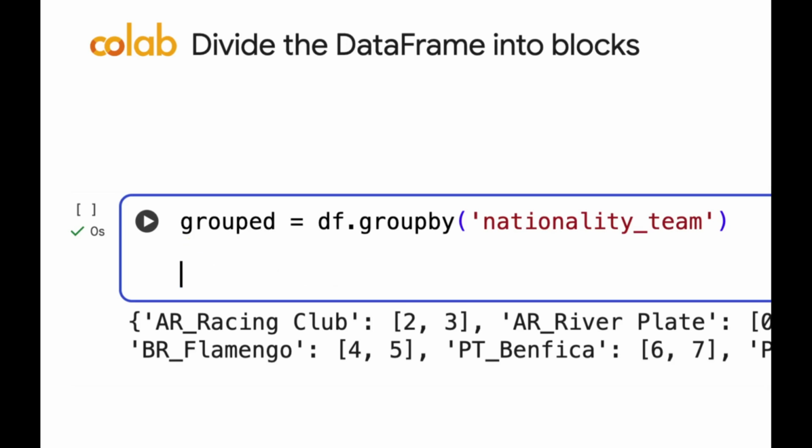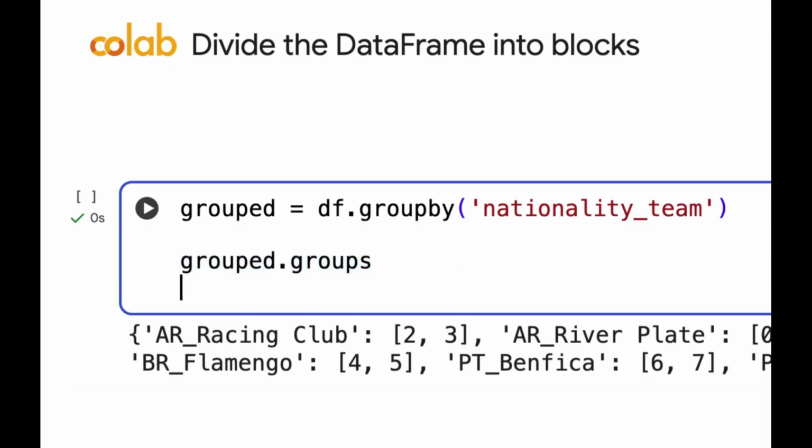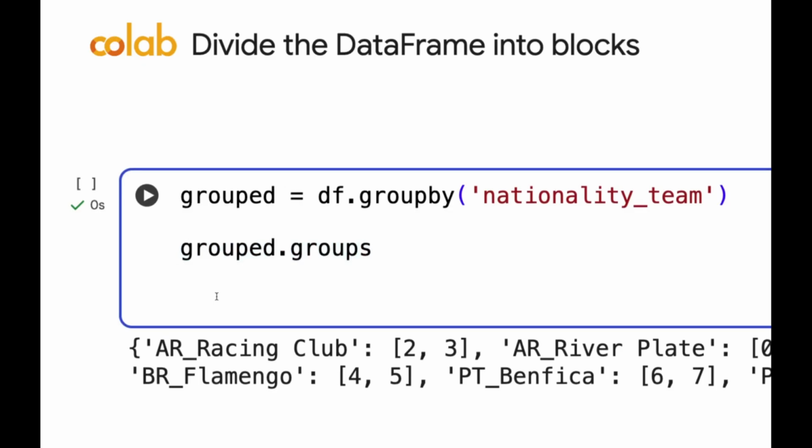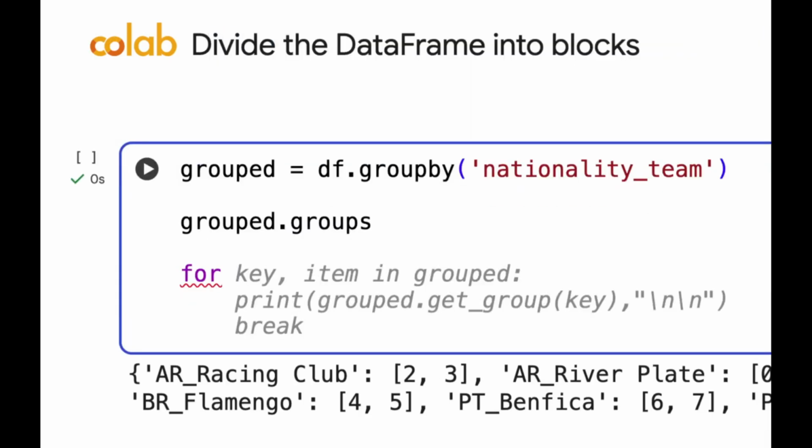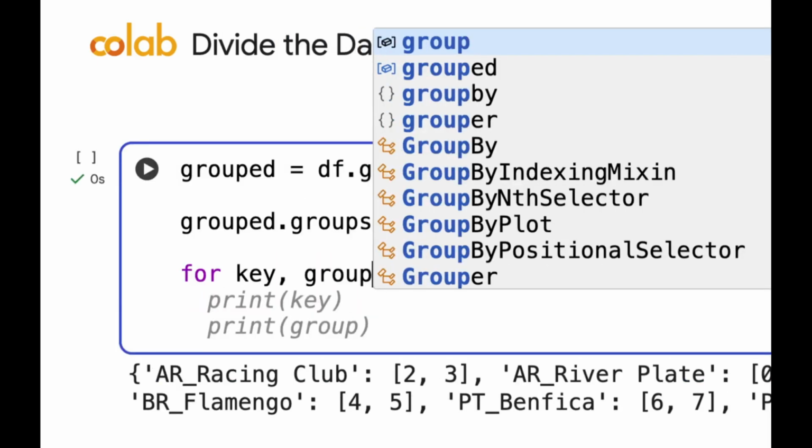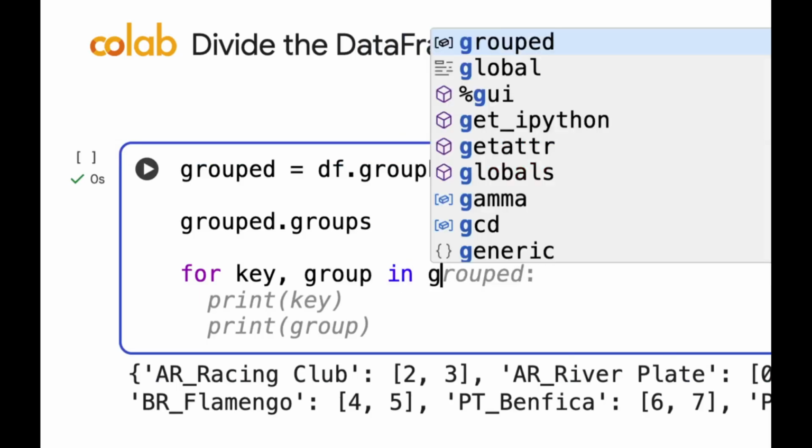So let me delete this. Or maybe I don't delete this, but I just start a new line so that whatever is done in this line is not going to be shown. So let's do a for loop, right? So for key, let me first type the command and I'll explain. Key and group in grouped.